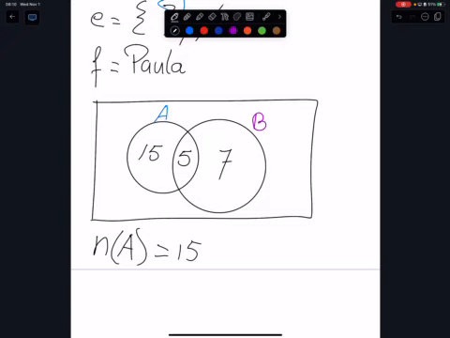You have to write all the numbers. Luigi made a very good remark. In the middle means they belong here as well as there.